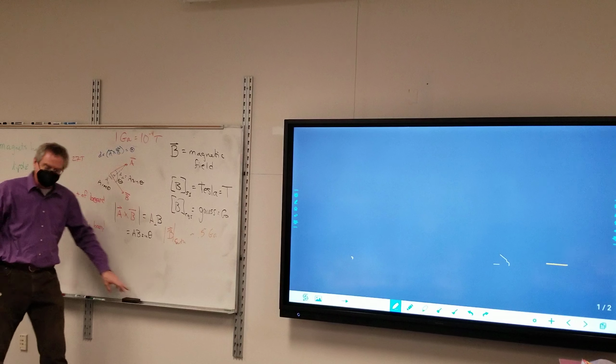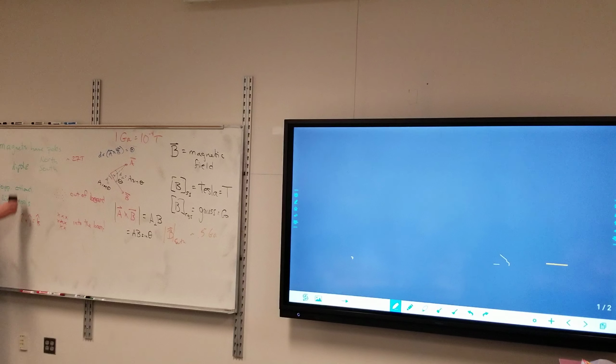So we now need to add some shorthand notation because this is just handwriting. So if I have A in polar form, we'll just say 3 meters and 60 degrees.